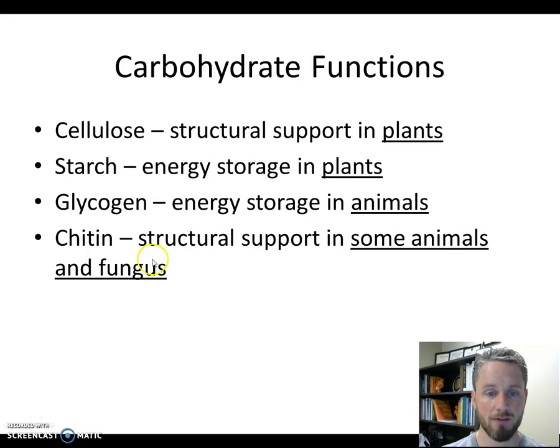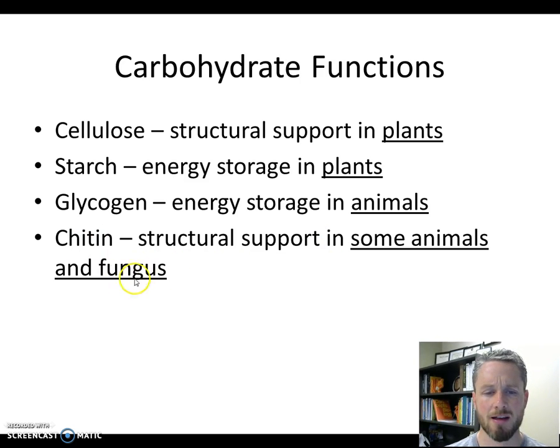And the last example I gave you was chitin. Chitin is another structural carbohydrate, and it's a structural carbohydrate used in some animals and fungus. So chitin is most commonly found in the exoskeleton of insects and crustaceans and animals like that. So anything with that hard outer body covering, that covering is made of chitin.